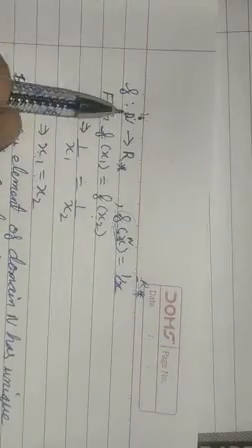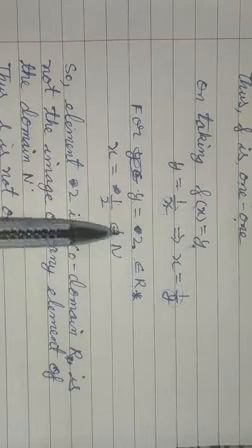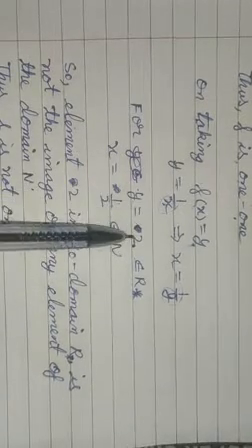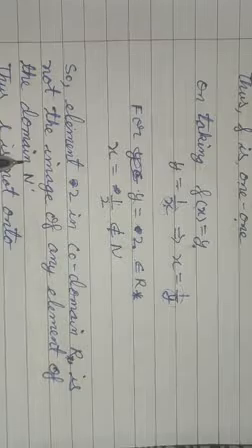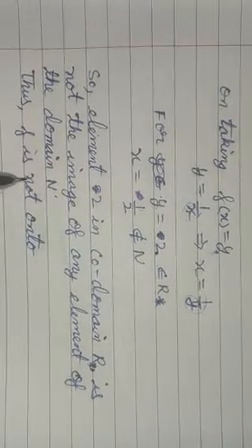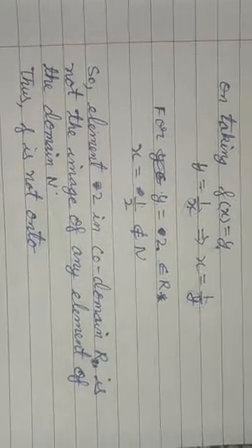And what do we need? We need the value of x as a natural number, and this 1 upon 2 is not natural. That means element 2 of the codomain is not the image of any element of the domain in N. So f is not onto.